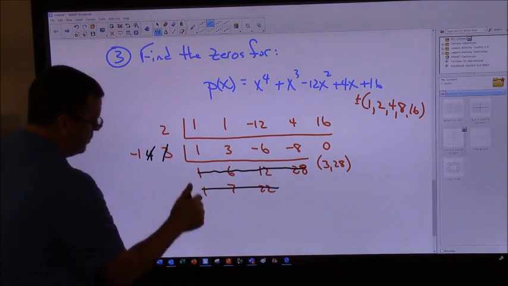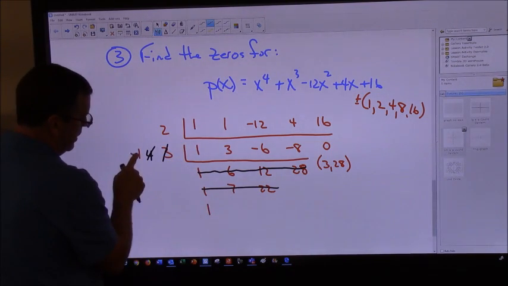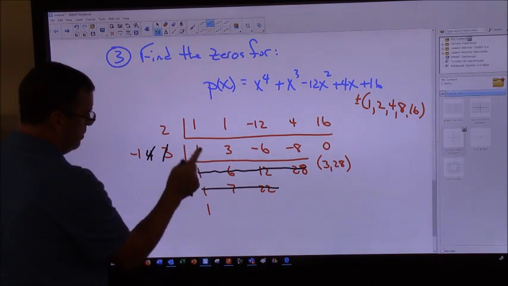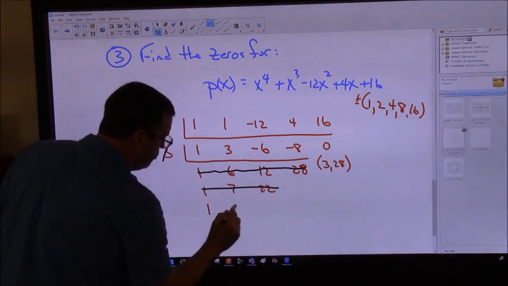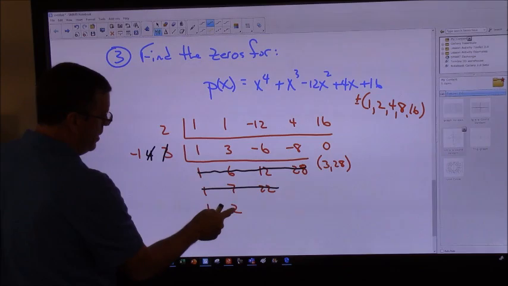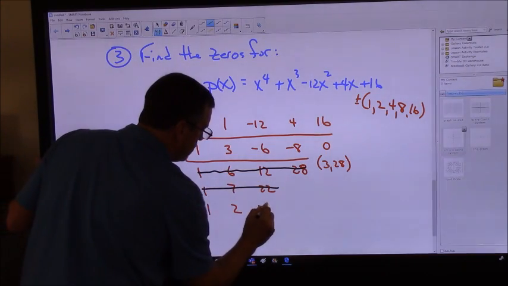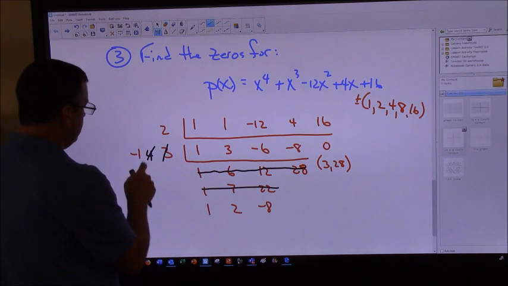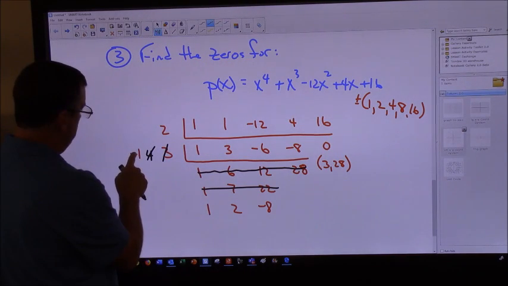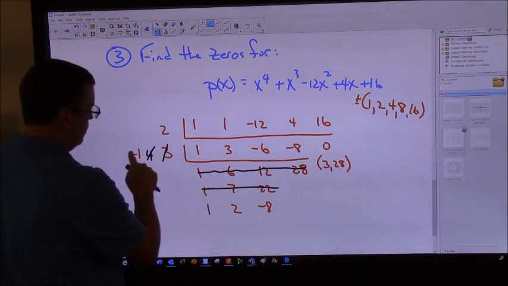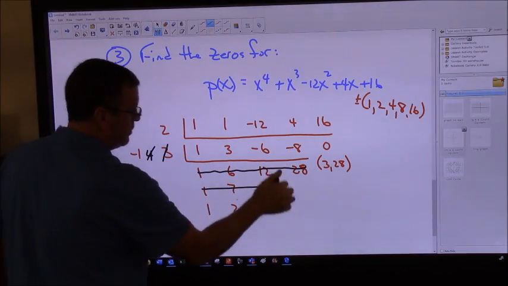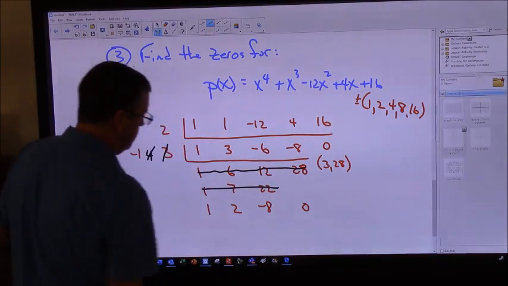So if I bring the first number down, then I get negative 1 plus 3, that's going to be 2. And then I get negative 2 minus 6, that's going to be a negative 8. And then I get positive 8, minus 8, that's going to be 0.